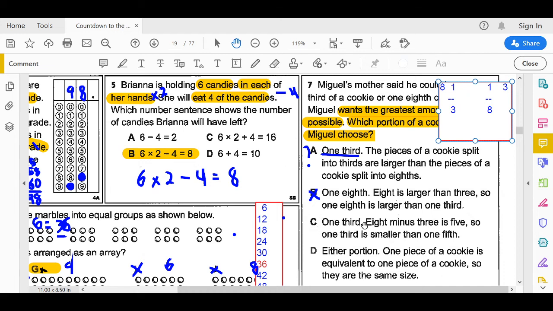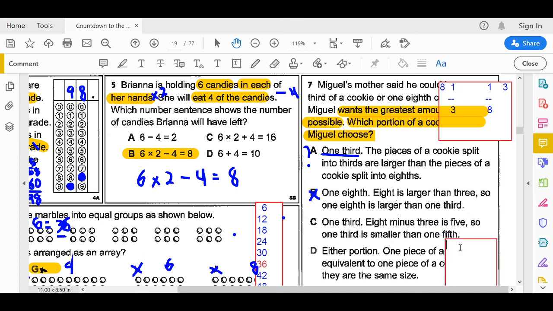Letter C, 1/3. 8 minus 3 is 5, which that is true. So 1/3 is smaller than 1/5. Well, that fraction doesn't make much sense, but we're going to prove if what the paper is saying is correct. It is basically saying that 1/3 is smaller than 1/5.